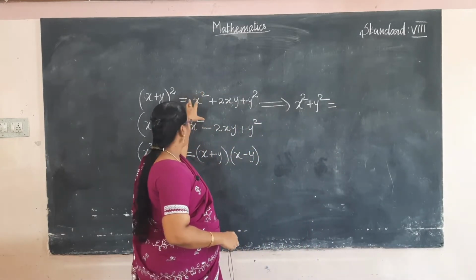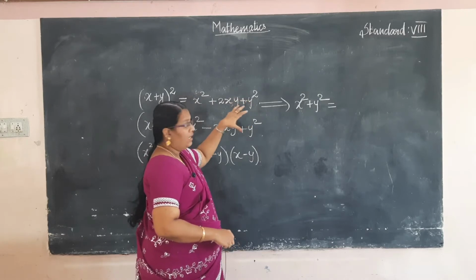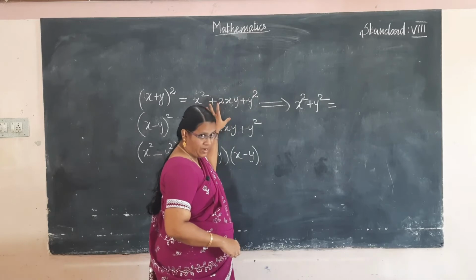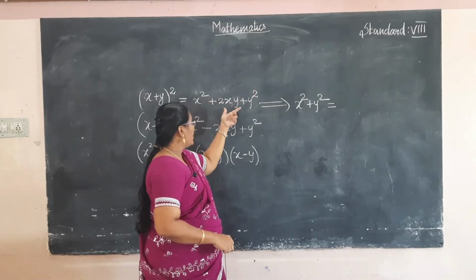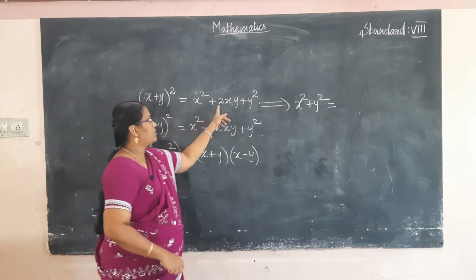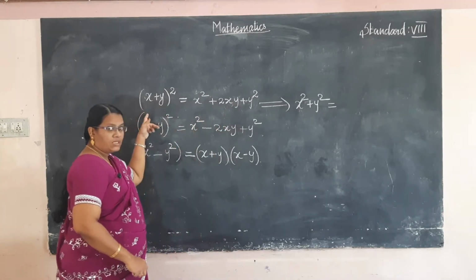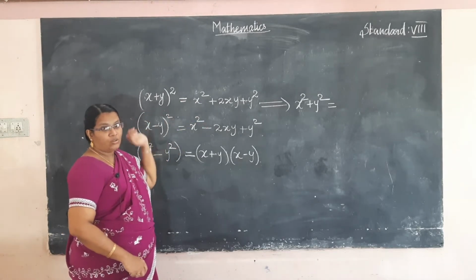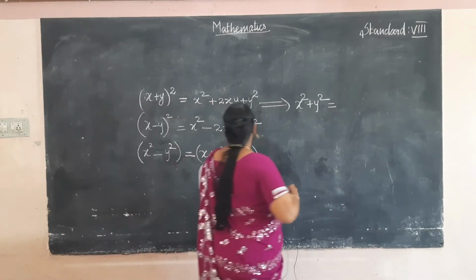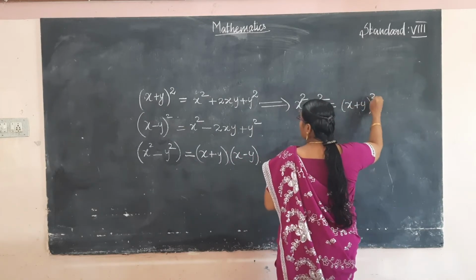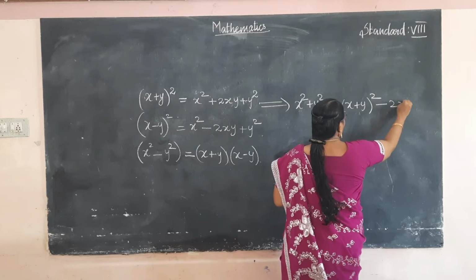We need the value of x squared plus y squared in this place, and plus 2xy moves to this side by using the transpose method, plus changes to minus. So what we get is the formula x plus y the whole square minus 2xy.